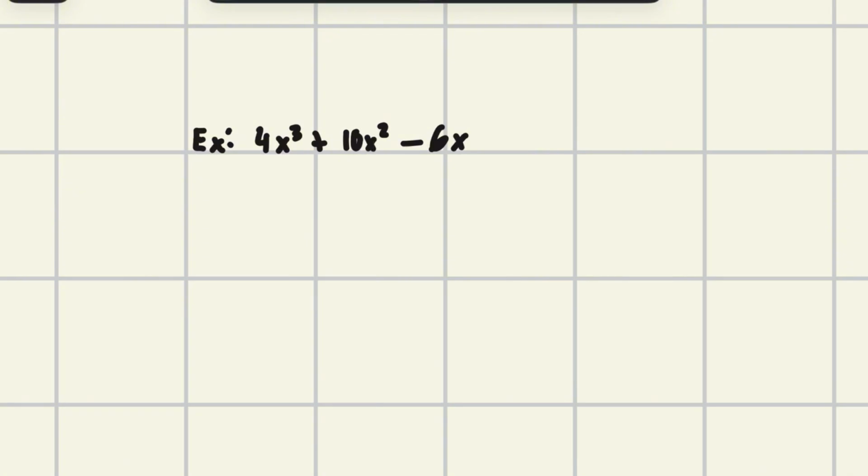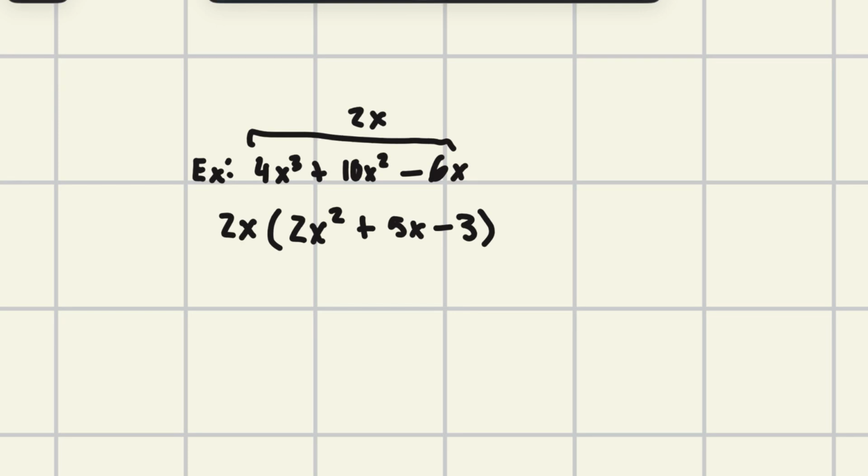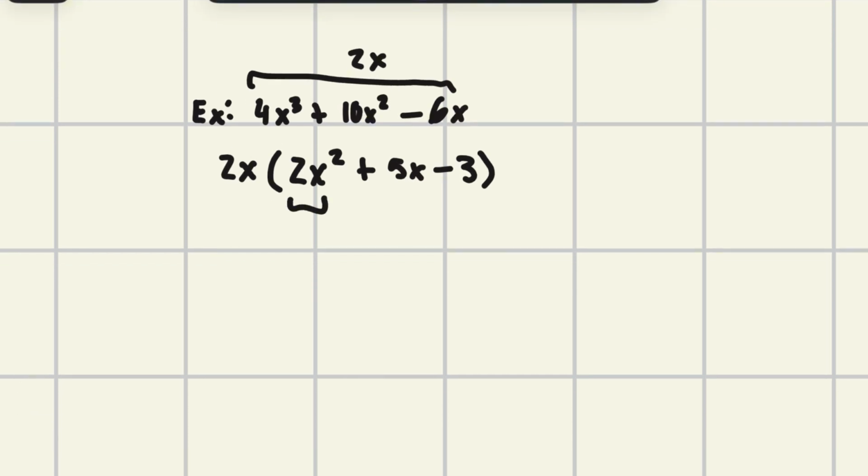In this equation, we have 4x cubed plus 10x squared minus 6x. So we can see here that our greatest common factor would be 2x. Let's put that on the outside and write our new equation. Okay, so let's multiply our first term with our third term.